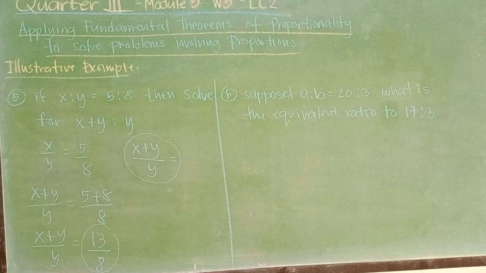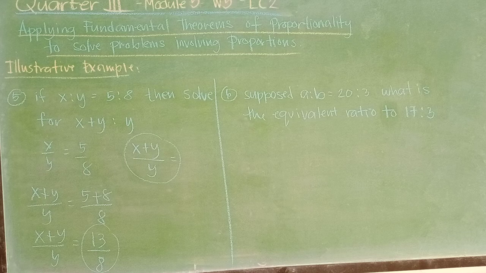Next is yung number 6. Suppose we have a proportion which is a is to b is equal to 20 is to 3. What is the equivalent ratio to 17 is to 3? So ang gagamitin naman natin dito is yung property number 5, which is subtraction. So same procedure as number 5, pero instead na addition, ang gagamitin natin is subtraction.